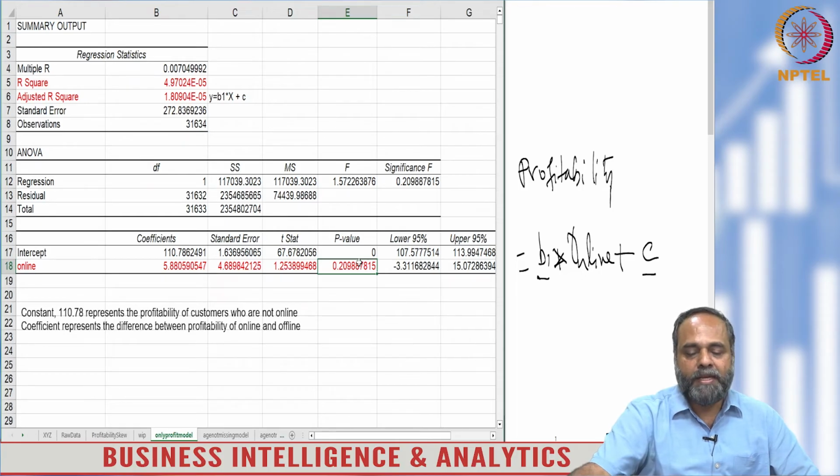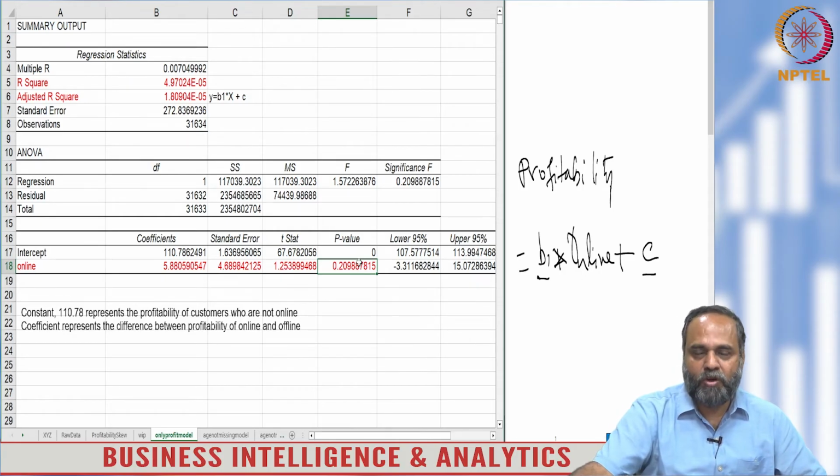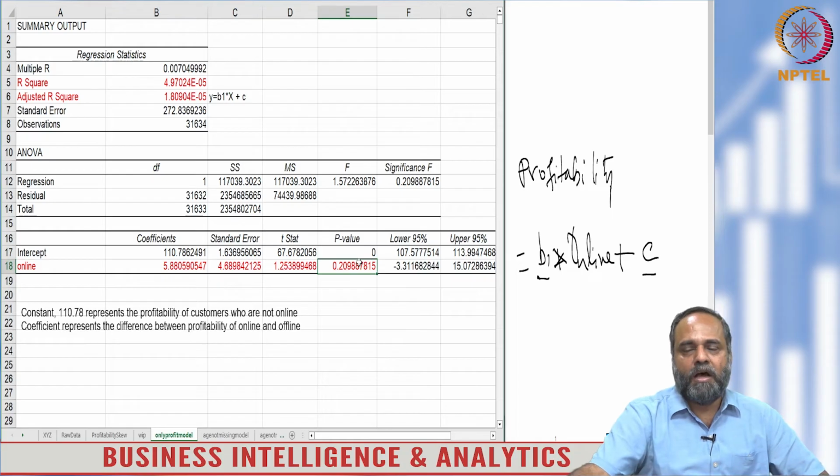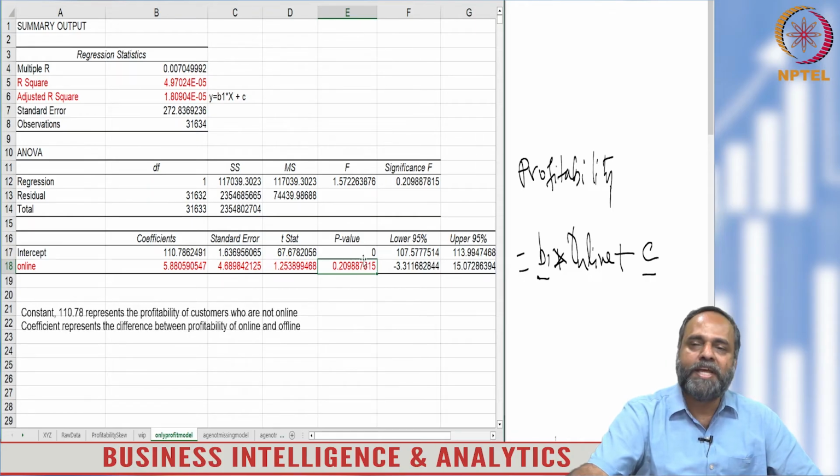With alpha as 0.05, we need to reject this null hypothesis because the p value is much greater than the alpha, which is 0.05. Here it is 0.2. Sorry, I made a mistake.